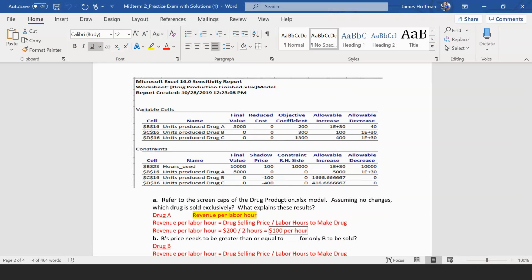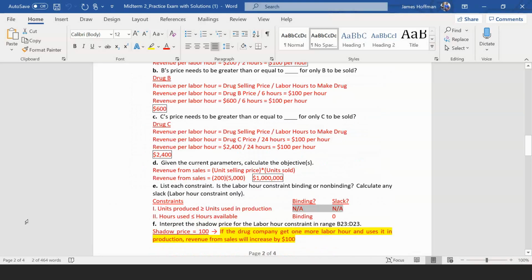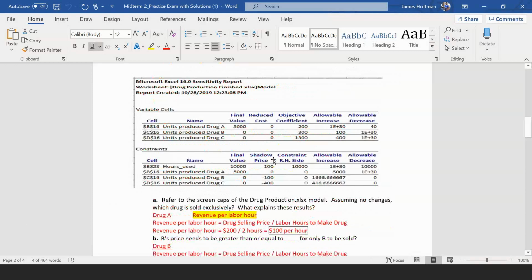So look for the shadow prices. Okay, and the one you see in B23 for the hours used, which shows you that you should recognize the 10,000 and 10,000 from the Excel screen cap. So the B23 hours used labor hour constraint is the only one you need for the shadow price. So you're interpreting this 100 right there. Okay, so you want that at 100.